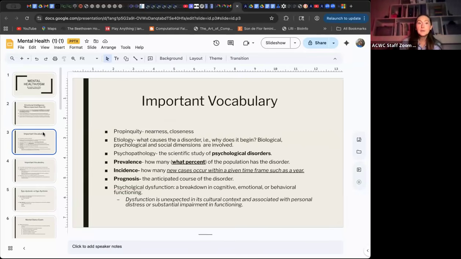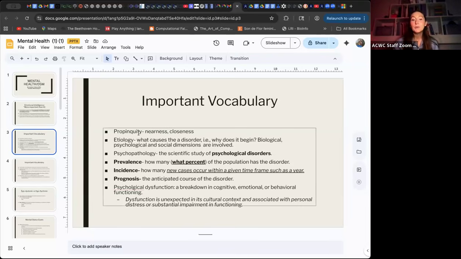And then some vocabulary that can definitely come up with these exams having to do with the diagnosis or the DSM part is propinquity. Propinquity is just nearness or closeness. That's all it means. A common example is that before we had all these dating and matching apps, most people married or had affairs with someone near to them, someone close to where they live.